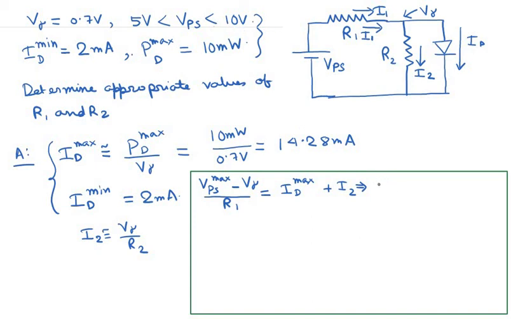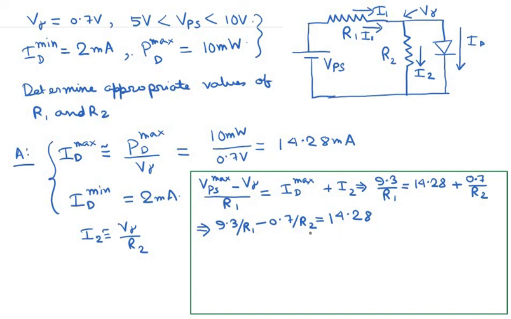So (10 minus V gamma) is 9.3 divided by R1 equals 14.28 milliamps plus I2, which is V gamma divided by R2, so 0.7 divided by R2. So we get one equation in terms of R1 and R2: 9.3 divided by R1 plus 0.7 divided by R2 equals 14.28.